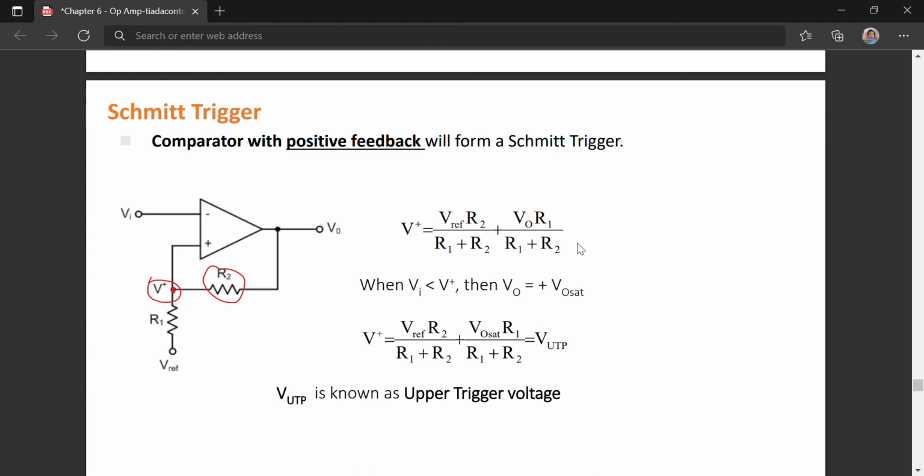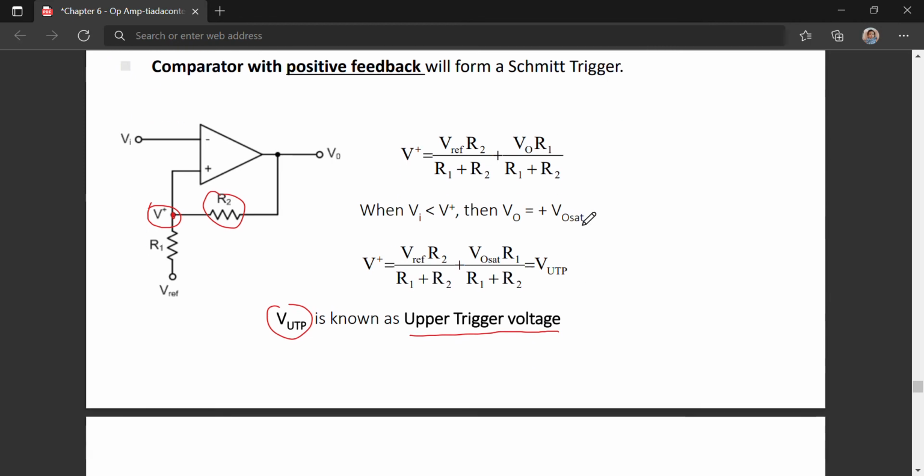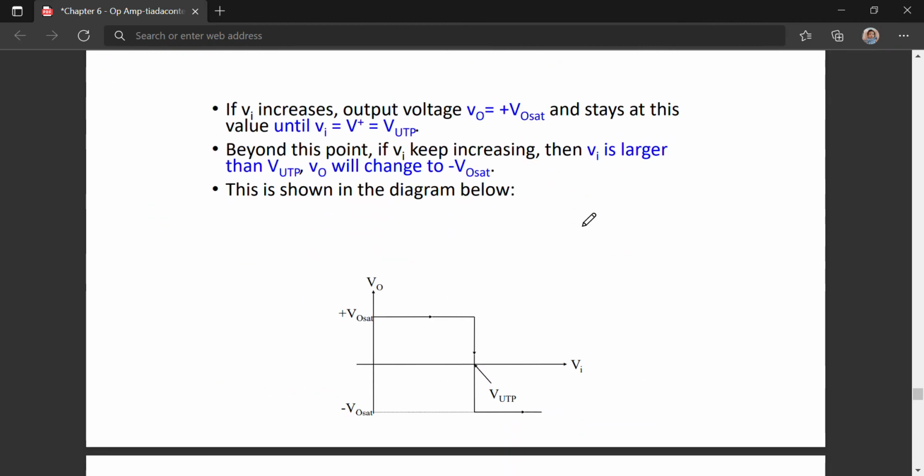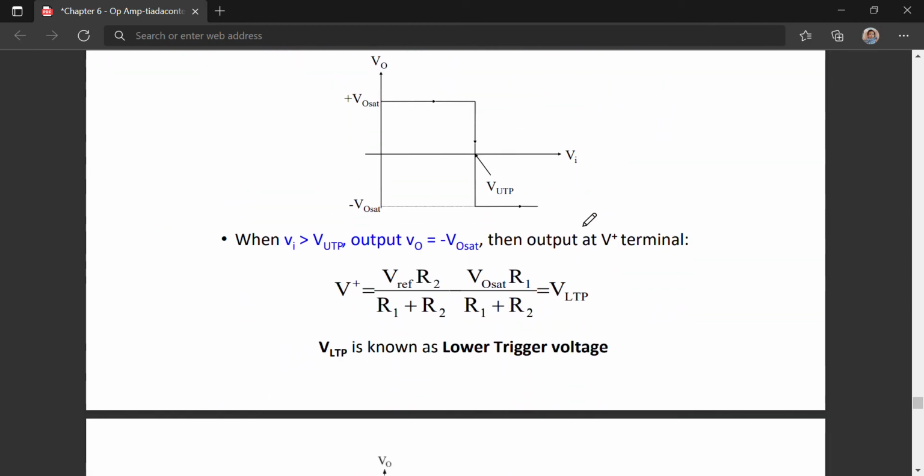In the Schmitt trigger you will learn two terms: VUTP, the upper trigger voltage, and another one, VLTP, the lower trigger voltage.